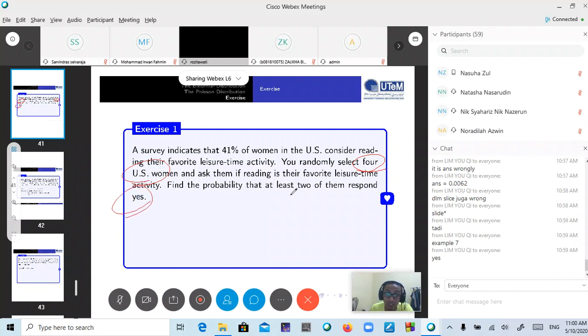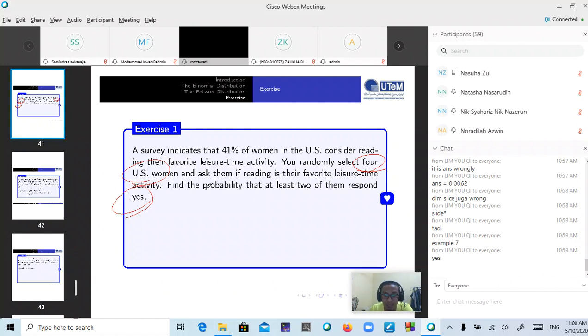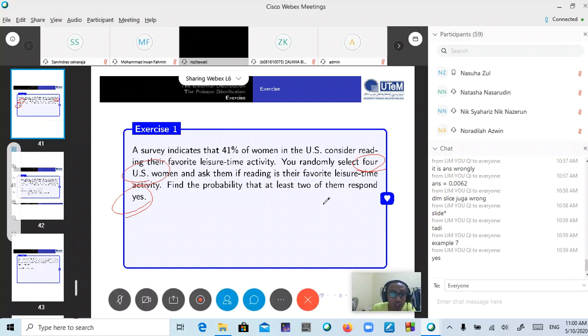So yang ni adalah apa ni? Binomial or Poisson? Ini adalah binomial, sebab awak hanya akan ada 2 outcome sahaja: yes or no. Sebab dia nak find the probability that at least 2, probability of X greater than or equal to 2 said yes.